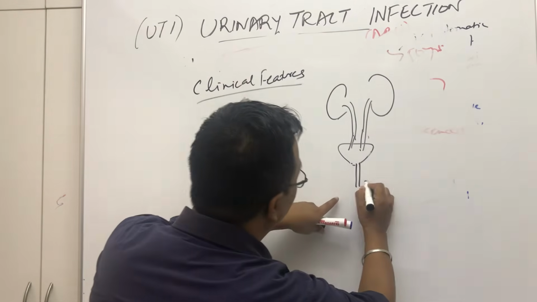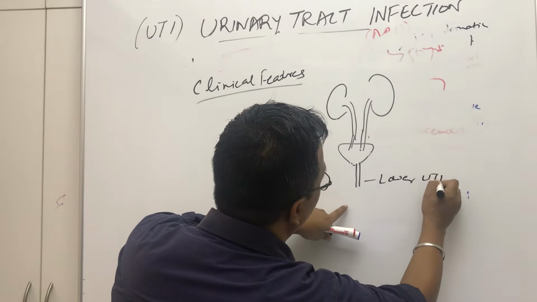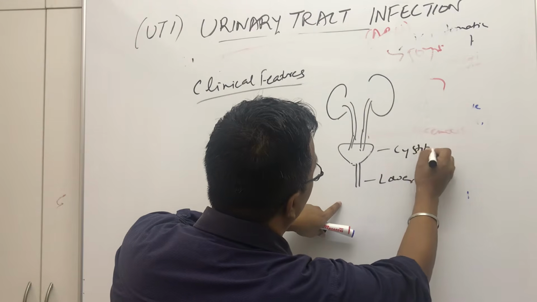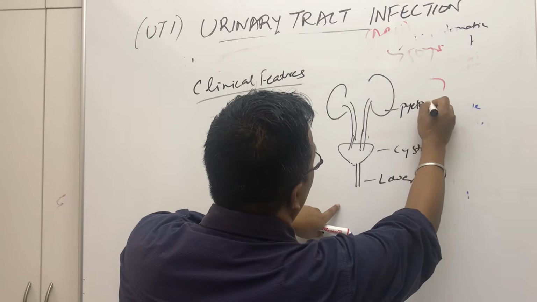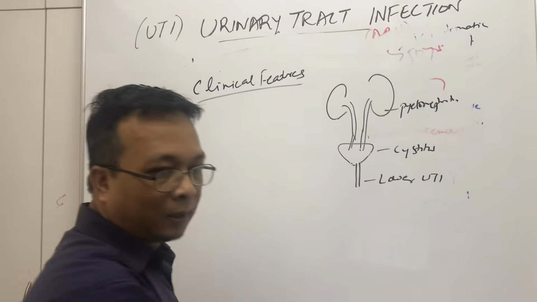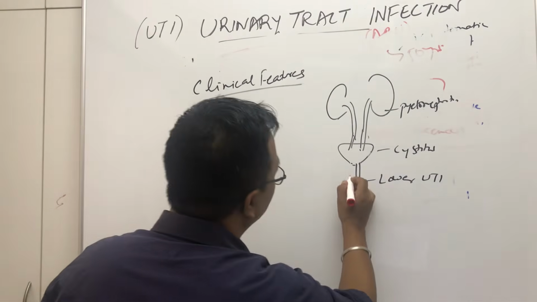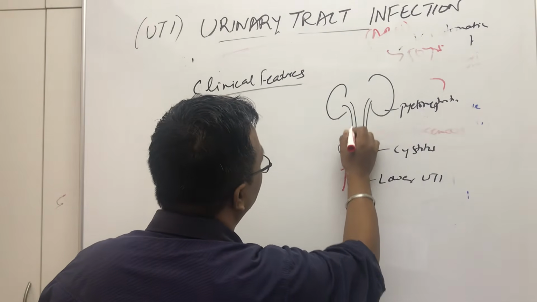So we know this is the lower urinary tract. Lower urinary tract infection, this is cystitis, this is pyelonephritis. As I told you, most of the time it is in this fashion. It will reach here, reach here.